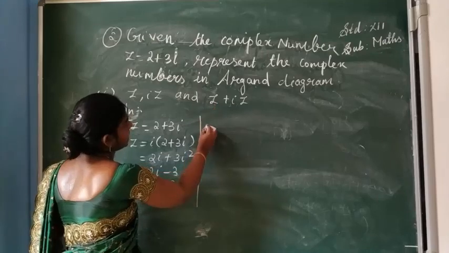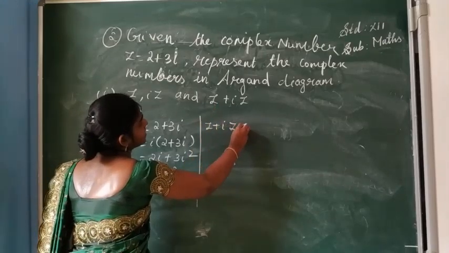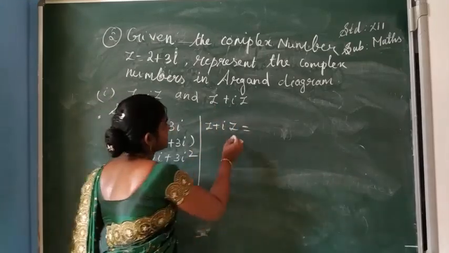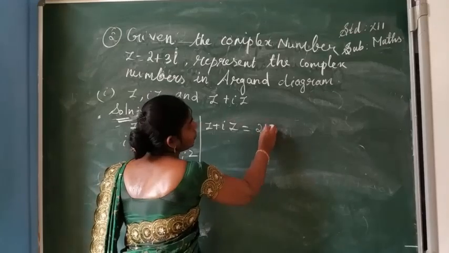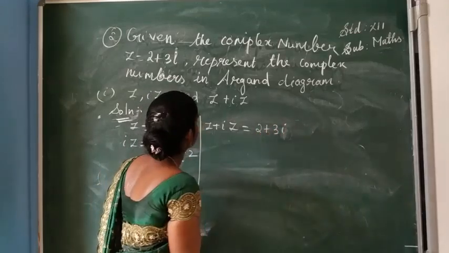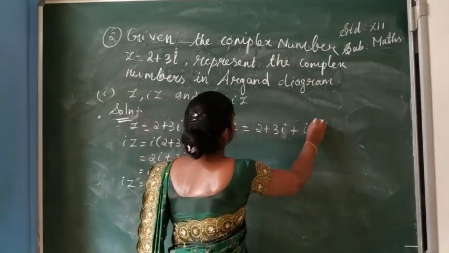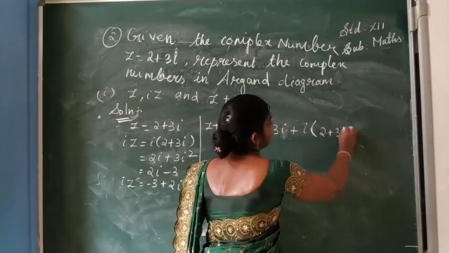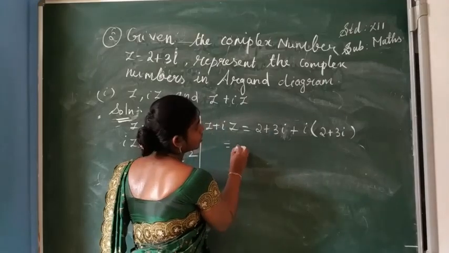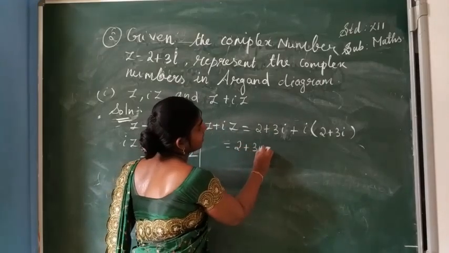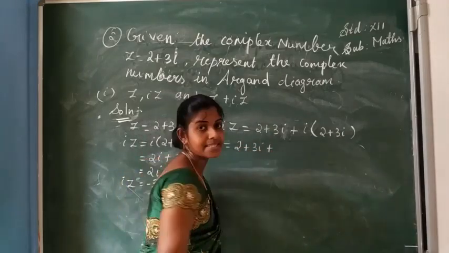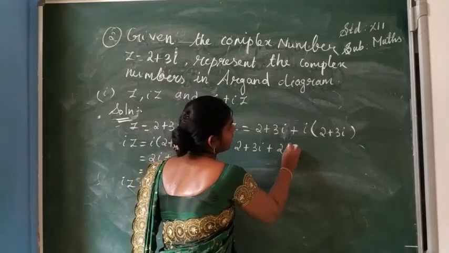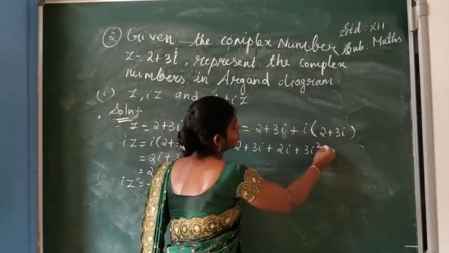So next we find Z plus I Z equal to, Z value is 2 plus 3I plus I into Z value 2 plus 3I. That's equal to 2 plus 3I plus, multiply this I inside. So 2I plus 3I square.